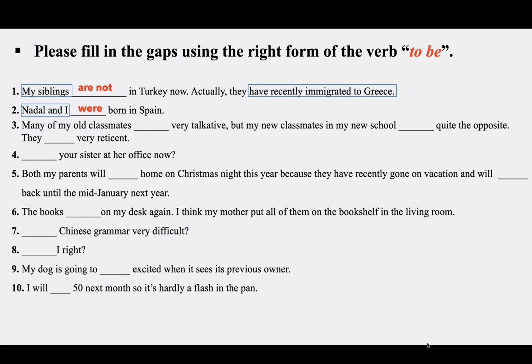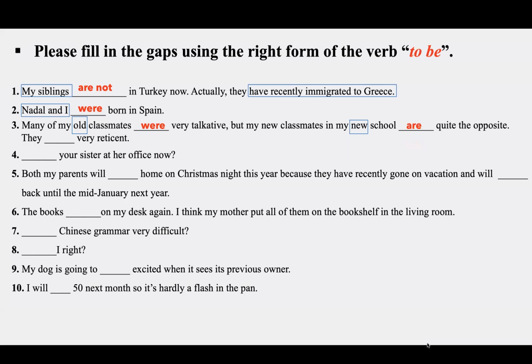Always or almost always. Many of my old classmates, here old is the keyword, very talkative. So it means it's talking about the past. And it's plural. Many of my classmates, so they, and it's about the past. So past form of to be: they were very talkative. But my new classmates in my new school, new is the keyword here, it's talking about the present tense.